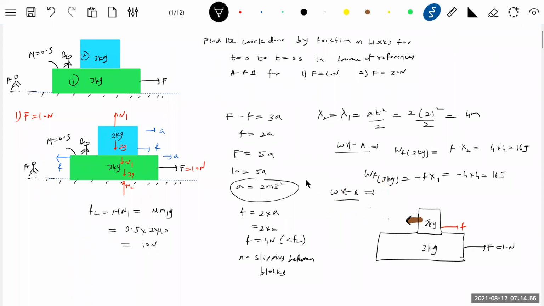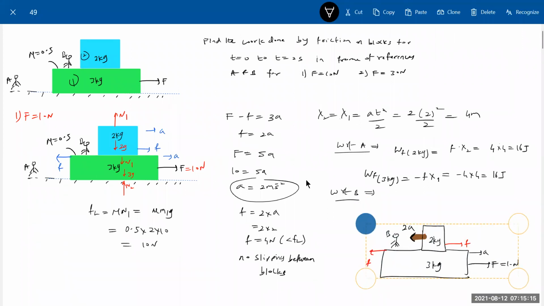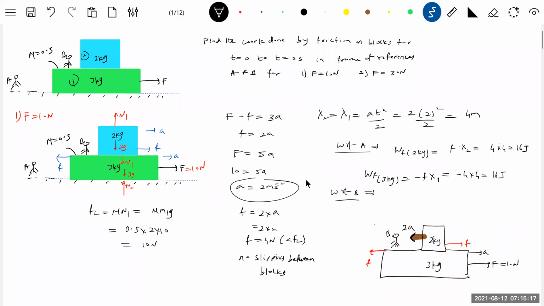It's standing on this one, no. And you will say that pseudo force will act here, 2a. Friction on this one also. Now what will be the comment from person B? Block is at rest. We just say that as block is at rest. 2 kg block is at rest.